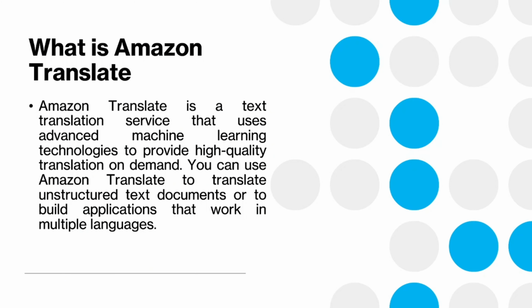So what is Amazon Translate? Amazon Translate is a text translation service that uses advanced machine learning technologies to provide high quality translation on demand. You can use Amazon Translate to translate unstructured text documents or to build applications that can work in multiple languages.